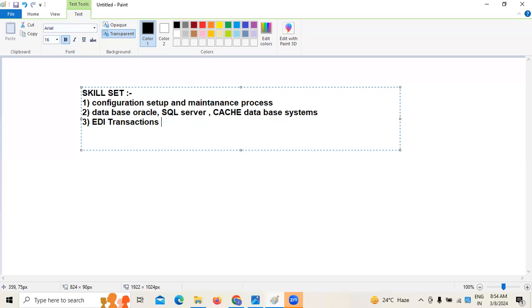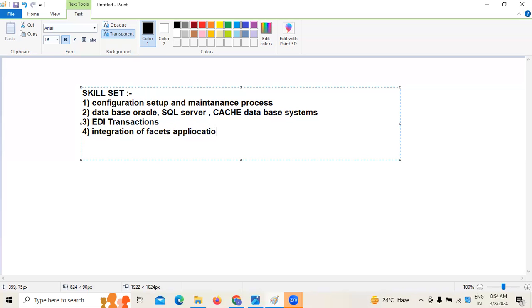At the same time, we should have an understanding of the integration of the Facets application, which is required to meet the business requirements.